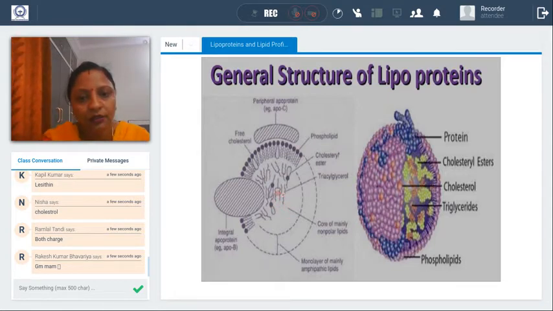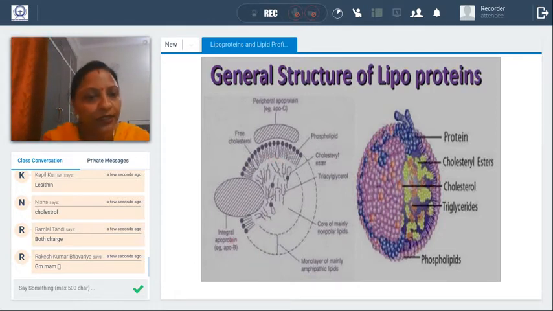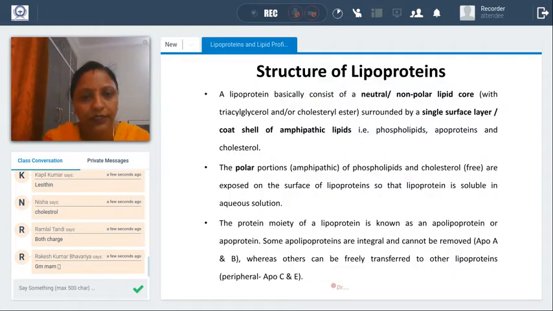So these cholesterol esters and triacylglycerol make the core of this lipoprotein, and this is monolayer of phospholipids and free cholesterol. This is the integral apolipoprotein, as I mentioned earlier. This is integral ApoB and this is peripheral ApoC.